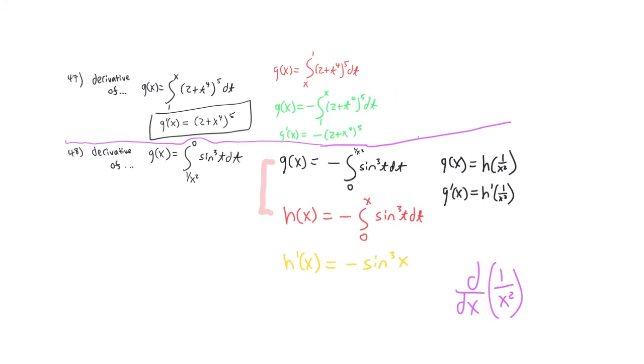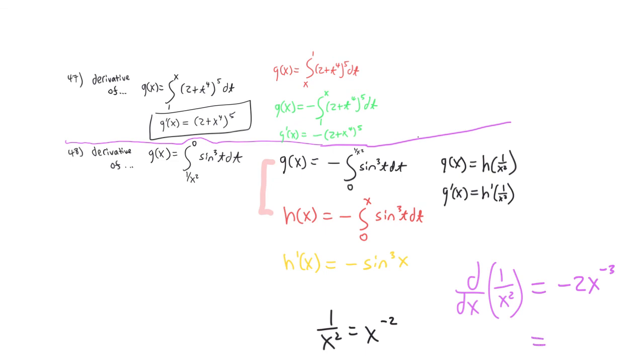Well, 1 over x squared is really equal to x to the negative 2. So if we were to use the power rule, the derivative of that would be negative 2 x to the negative 3.